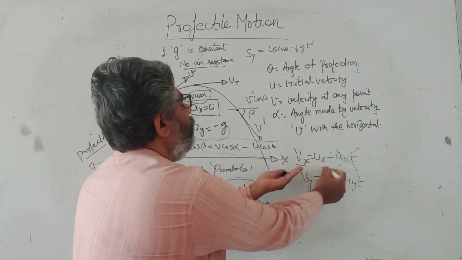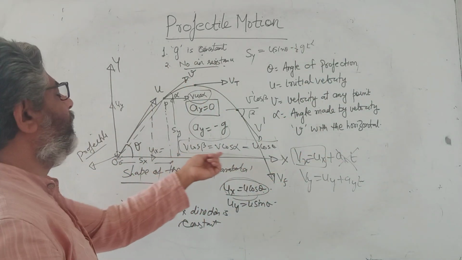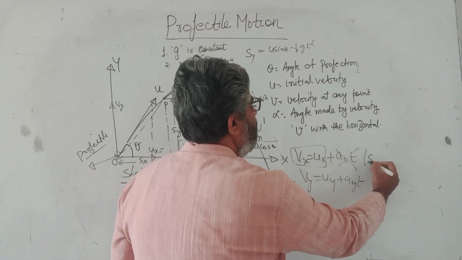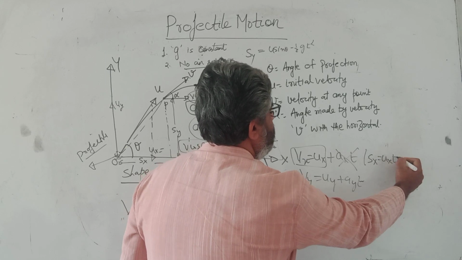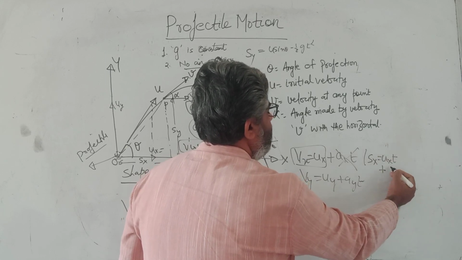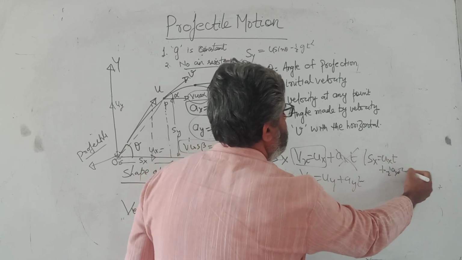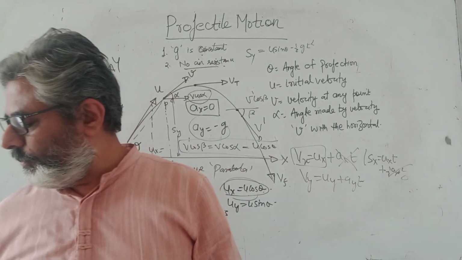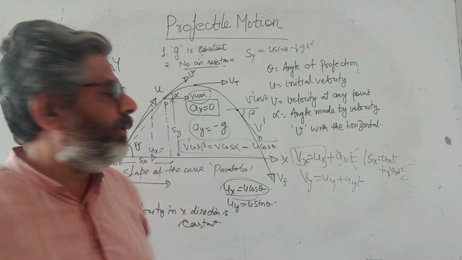That's what I was telling you, vx is equal to ux, I have already written it here. And the second equation that was there was sx is equal to ux into t plus half ax t square, which is 0. So you should not forget these small things, otherwise physics becomes very tough for all of us.